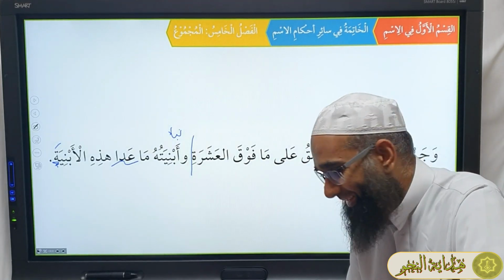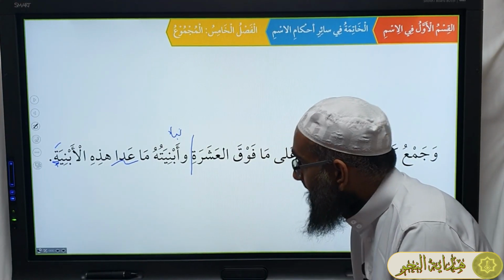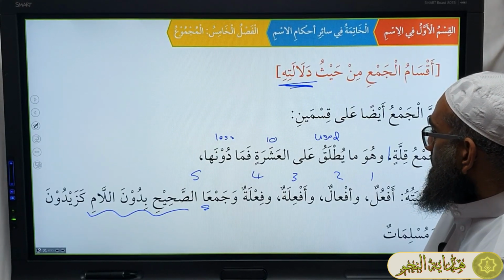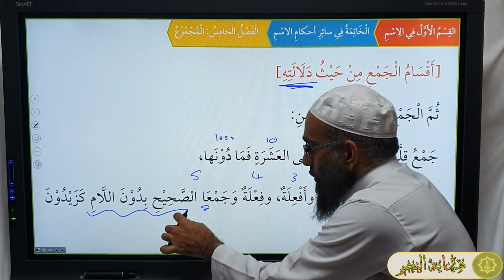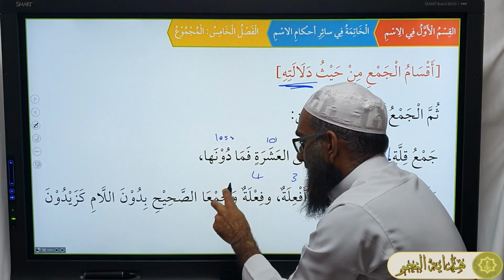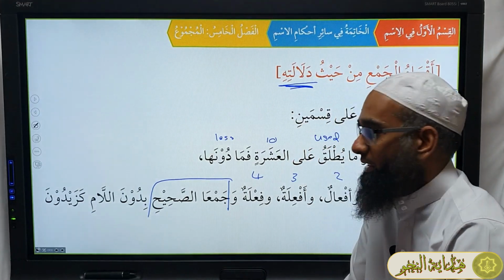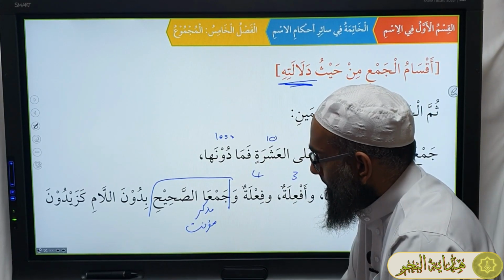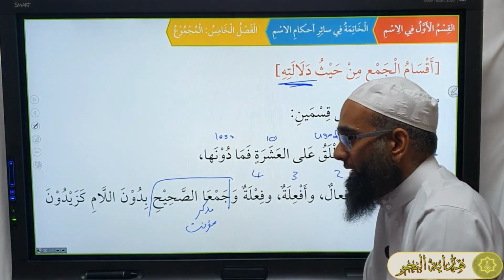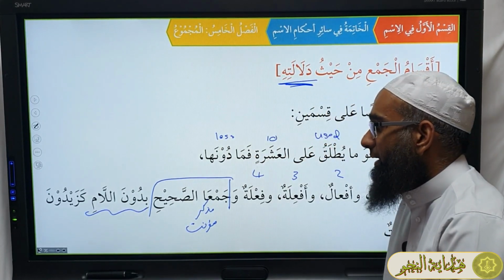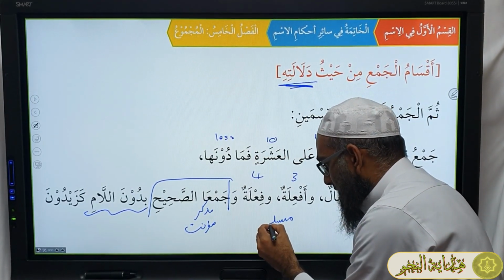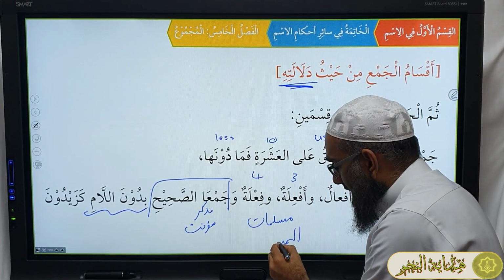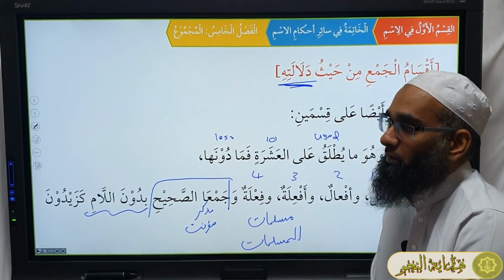You understood? Yeah. Go ahead. So the opinion of Hidayatun Nahw Musannif is that Jama'a as-Sahih, the two Jama' of Sahih, Mudhakkar and Mu'annath, these two only depict a qilla meaning without alif lam. If you add alif lam to it, so muslimat, that will not give a meaning of qilla. If you have alif lam on it, then it doesn't necessarily give the meaning of qilla.